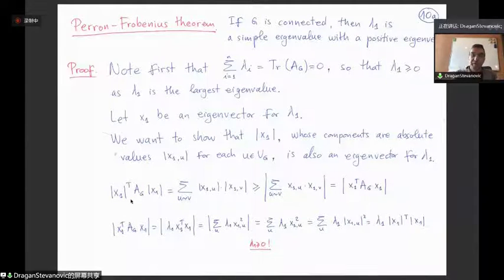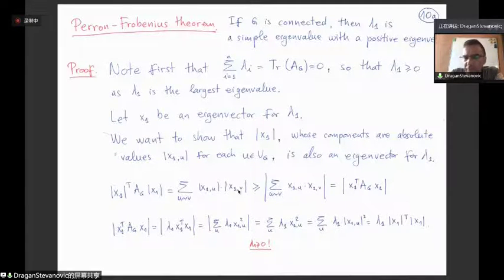In order to be able to use the Rayleigh quotient, we need to create the product, so the upper term in the ratio, the product of absolute x1 transpose, adjacency matrix, and absolute of x1, which translates to the sum of the products of absolute values of components of x1 over all vertices, over all adjacent vertices.